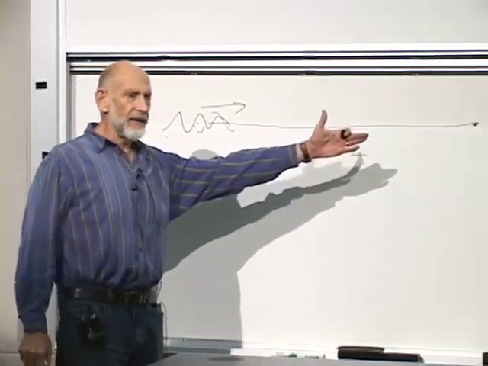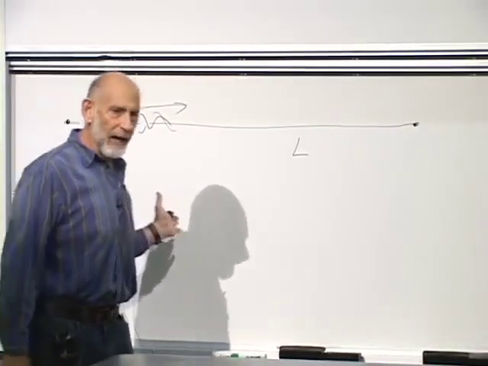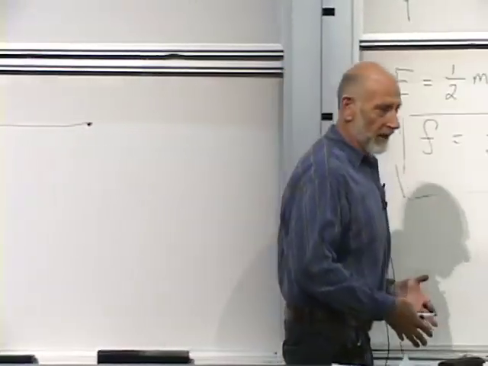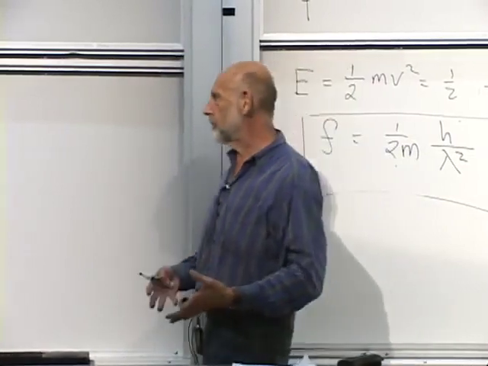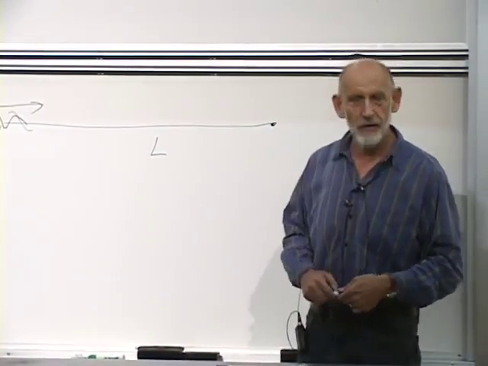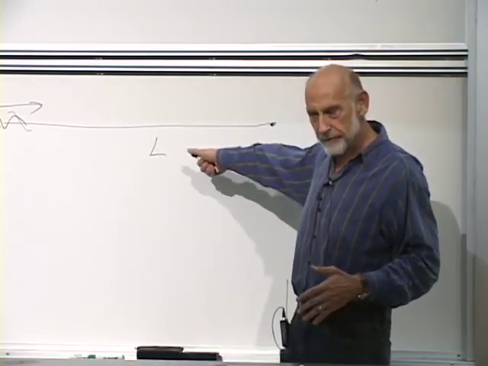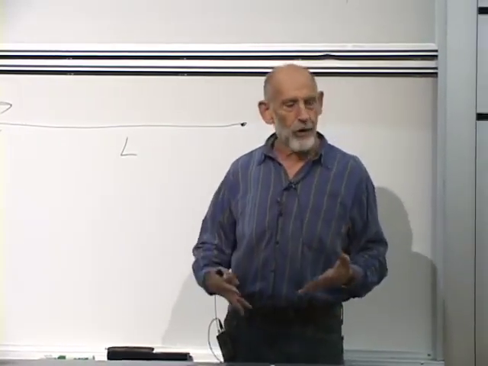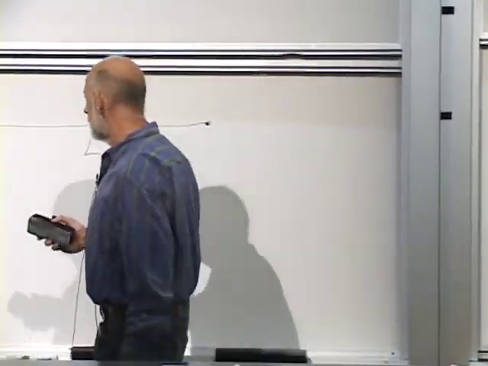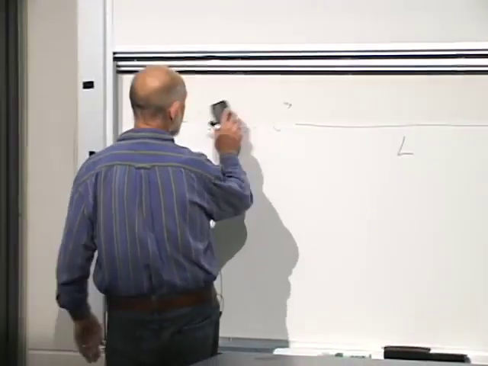When it gets to the end, it bounces off and reflects. So the momentum has changed sign. The momentum is not conserved. That's okay. There's nothing wrong with it. You can study it. But if you want to keep track of things like momentum conservation, there's a smarter thing you can do, and it goes as follows.